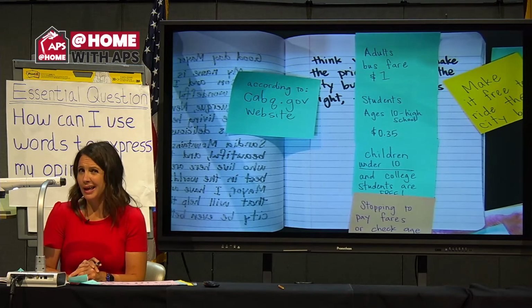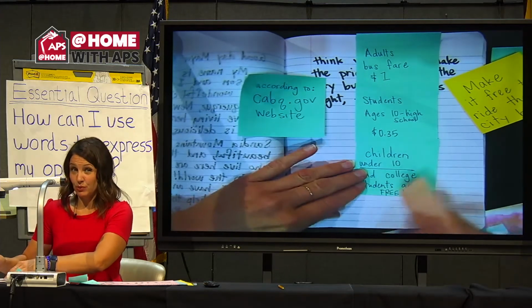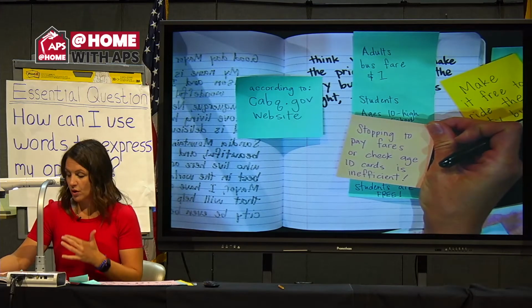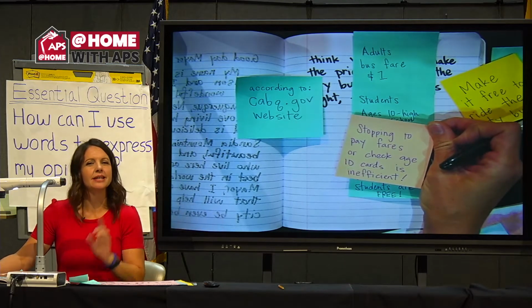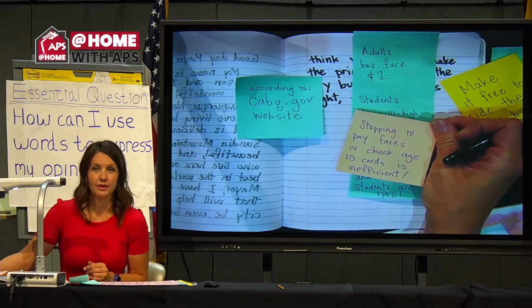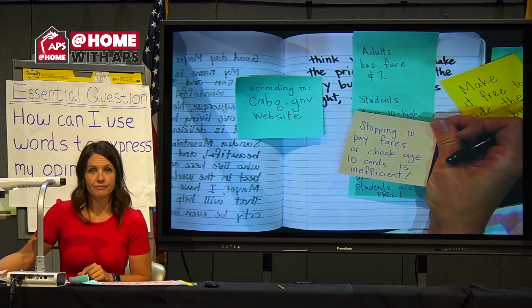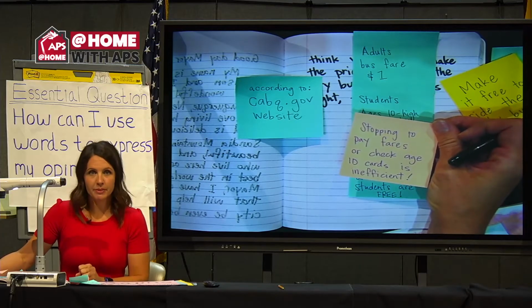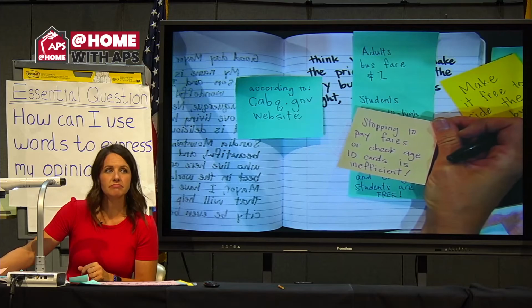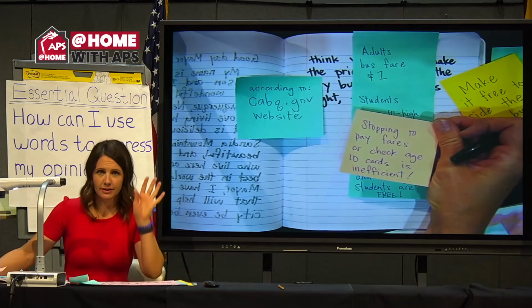But I think, this is my reason, stopping to pay fares or check age IDs is inefficient, meaning it wastes a lot of time. A bus driver could stop at a bus stop. She could look at who's entering the bus, wait till they sit down and take off.